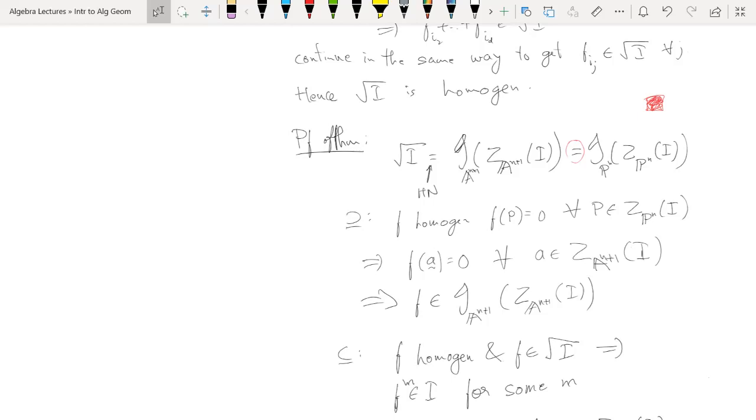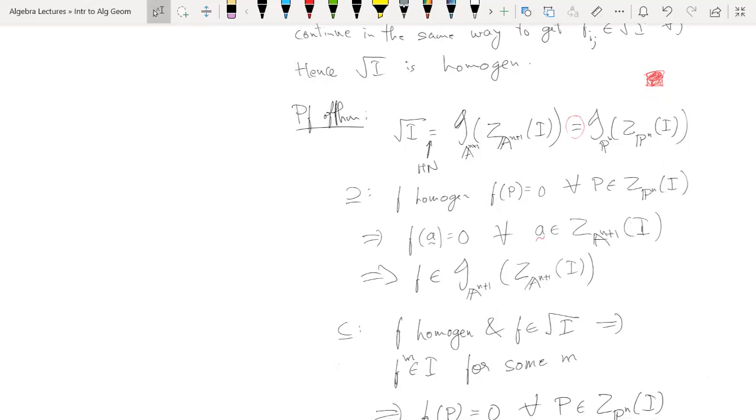So that tells you that f(ã) is 0 for all ã in Z_{A^{n+1}}(I), because Z_{P^n}(I) consists of projective points, but that corresponds to the cone, so you just look at the cone corresponding to that. So that's the same as f(ã) being 0 for all ã in Z_{A^{n+1}}(I).